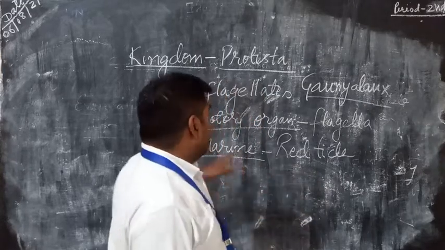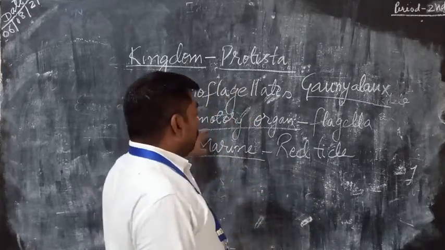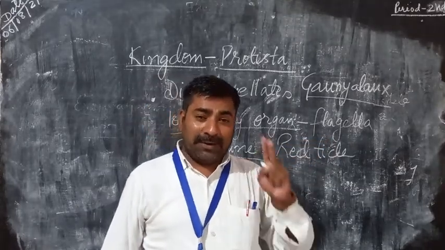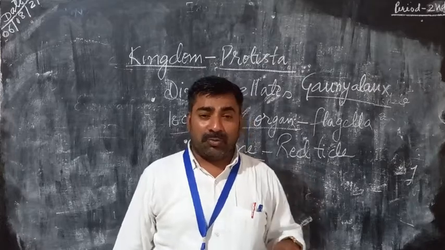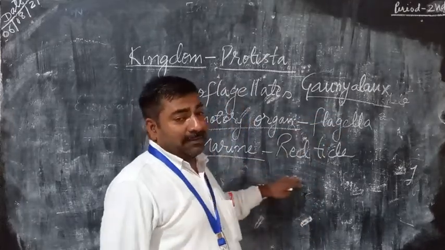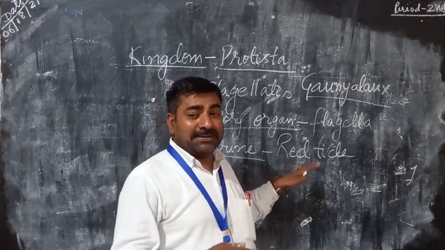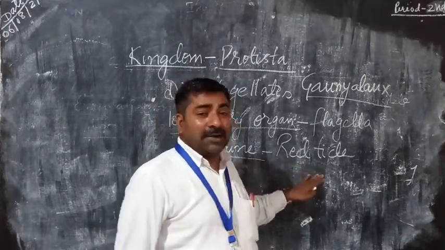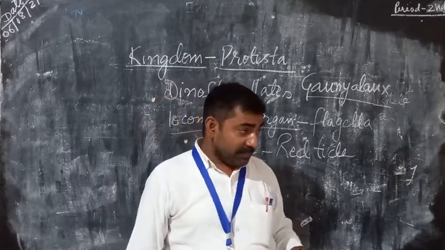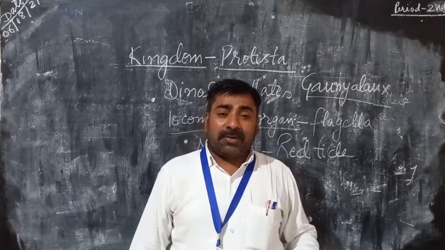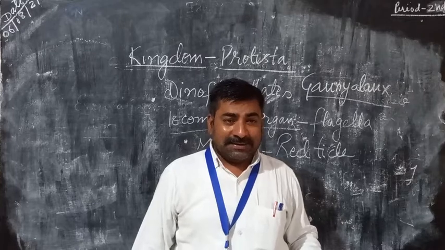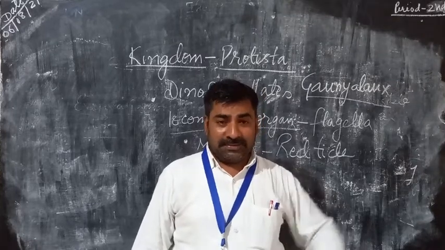So dinoflagellates have flagella as their locomotory organ, a pair of flagella which help in locomotion. Gonyaulax is responsible for red tide, and the toxic chemicals can even cause death of the fishes.